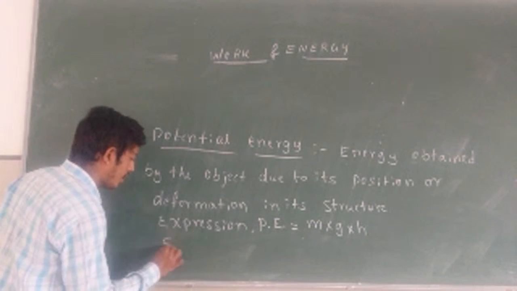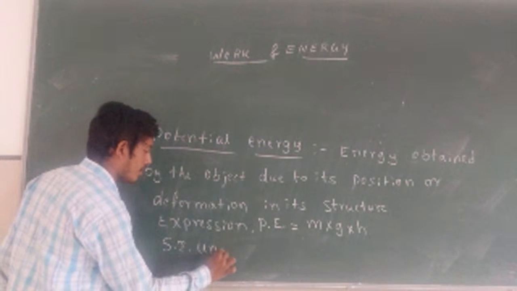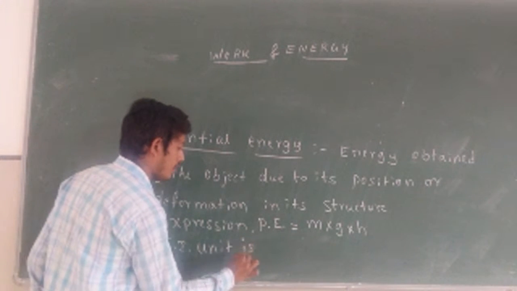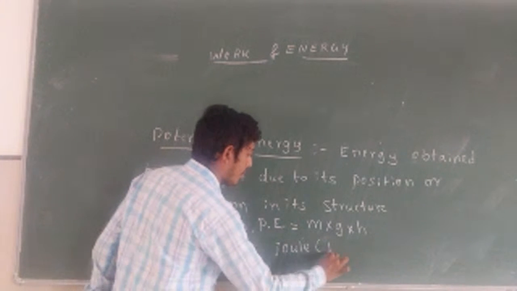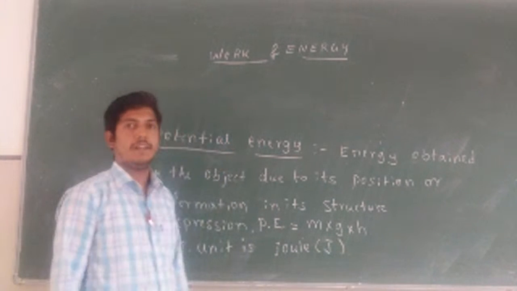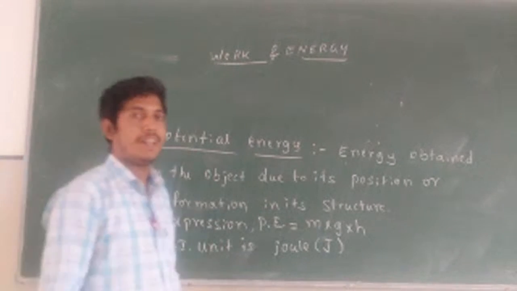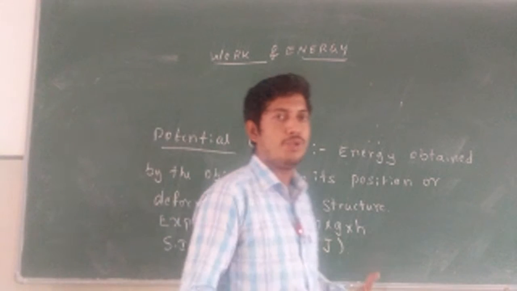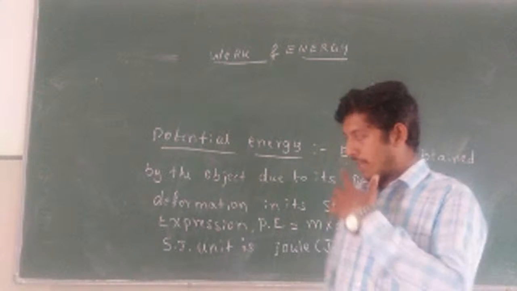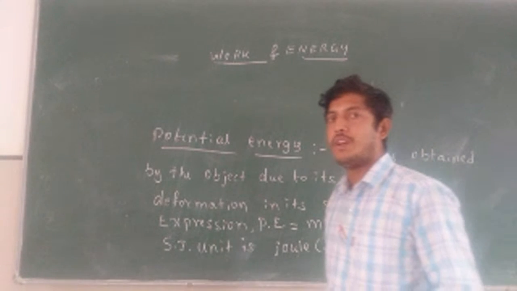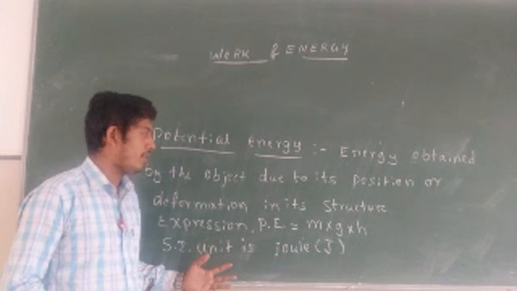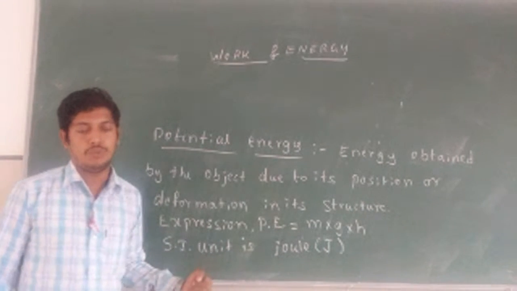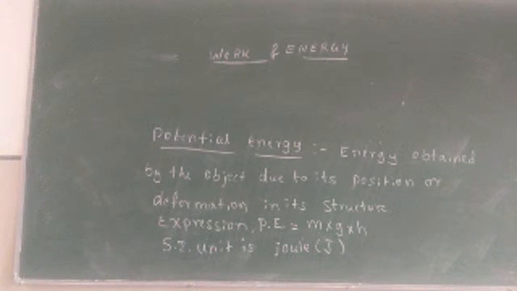And the SI unit is joule or capital J. The potential energy is energy obtained by the object due to its position or deformation in its structure, the expression for potential energy is m into g into h, and the SI unit of potential energy is joule, or capital letter J.